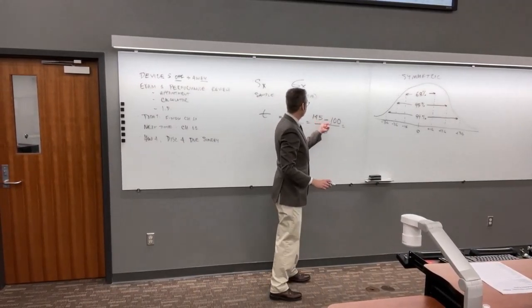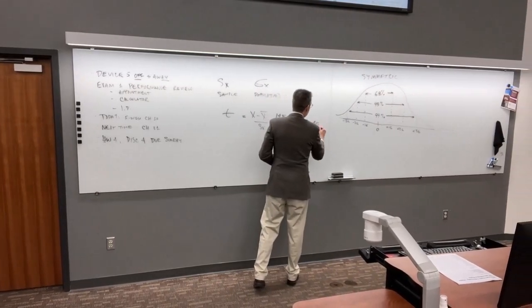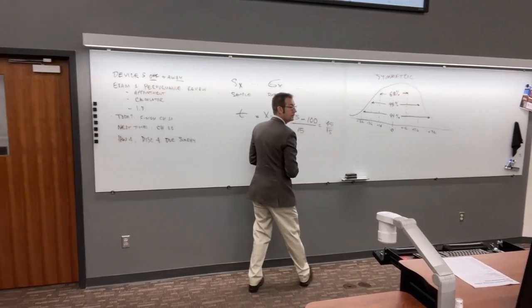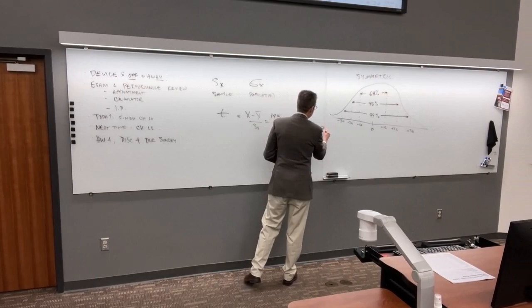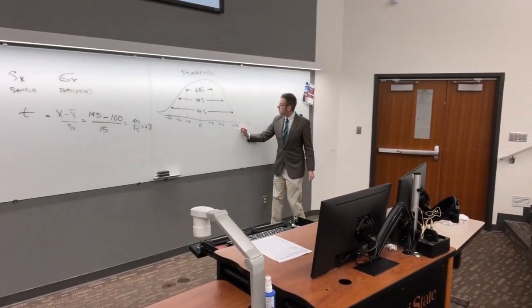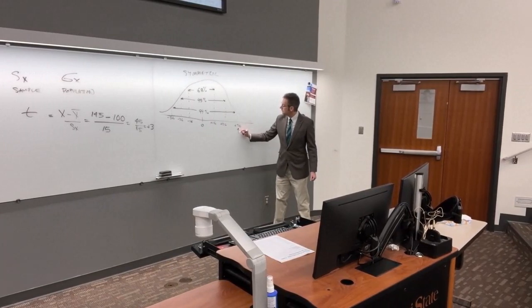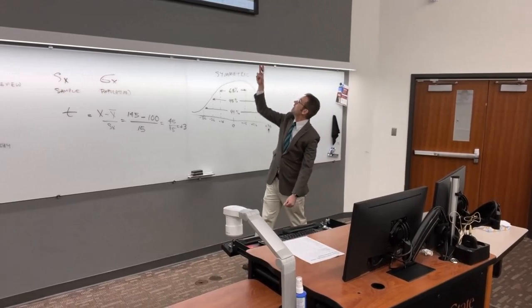What is 145 minus 100? 45, and divide by 15. What's 45 divided by 15? Plus 3. So where are you at in this whole thing? You're over here.